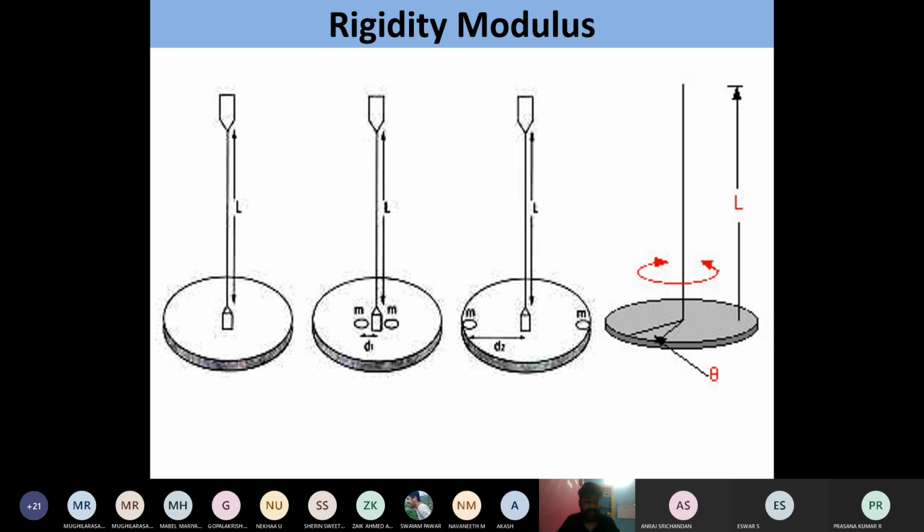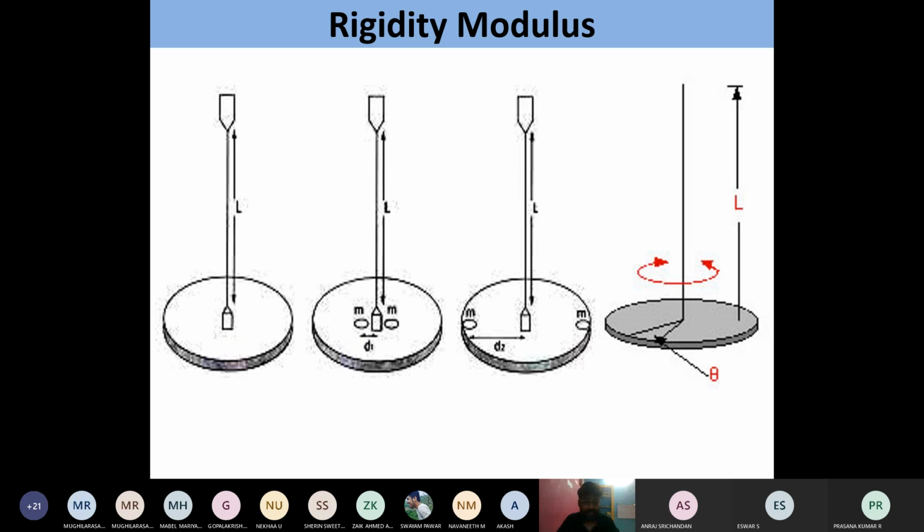For example, if you are asked to fix 50 centimeters, you have to adjust this bottom disc and move the disc position in the upward direction. With the help of the meter scale, you fix the position at 50 centimeters. Then you seal it, close it tightly with the help of the screw.